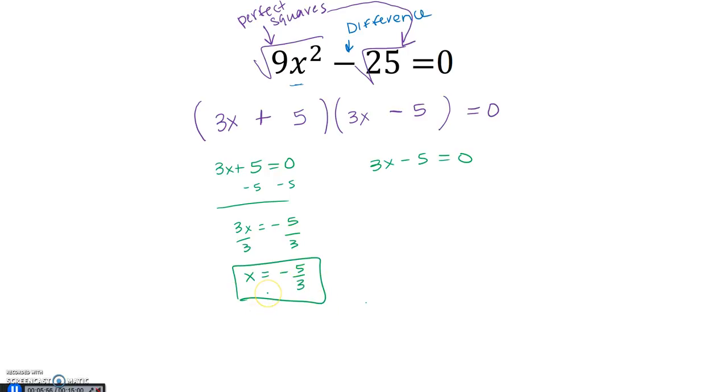Again, we don't want decimals. And add the 5. So x equals negative 5 over 3, and x equals positive 5 over 3. Again, this only works if you have perfect squares, and those perfect squares are being subtracted.